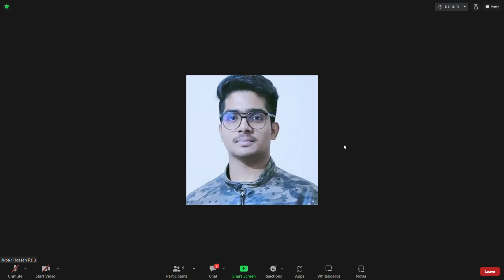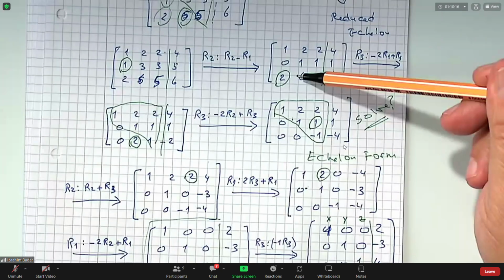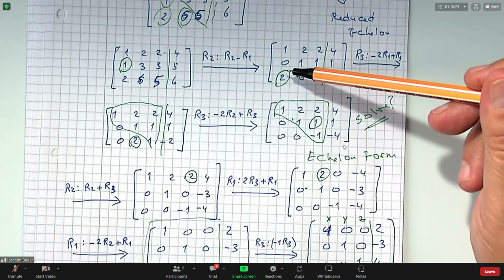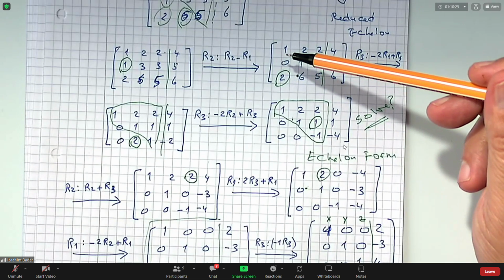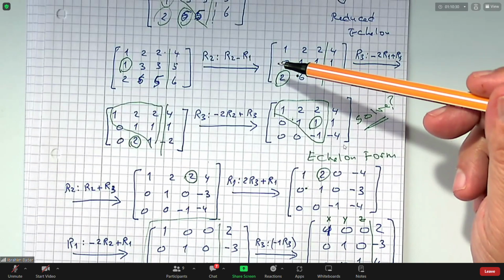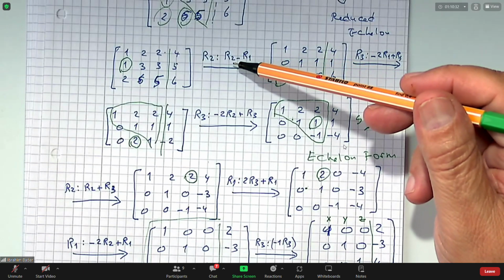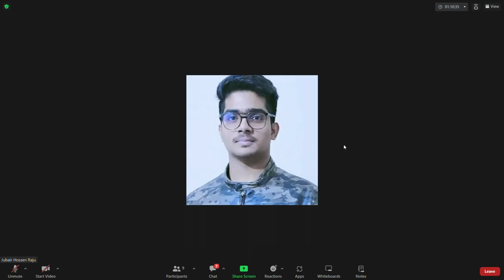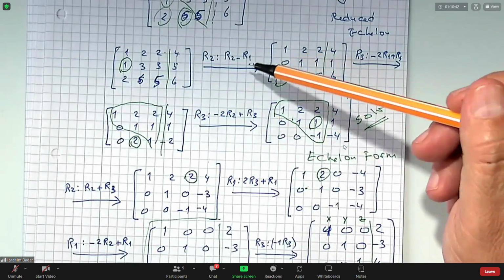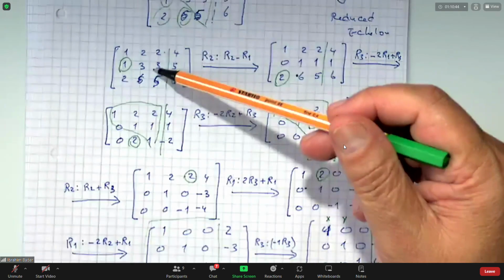The first line, the first step. Can I do this, R2 minus R1? Yes, the very first step, R2 minus R1. Because we ultimately got 0, and then you get 1, 1, 1.